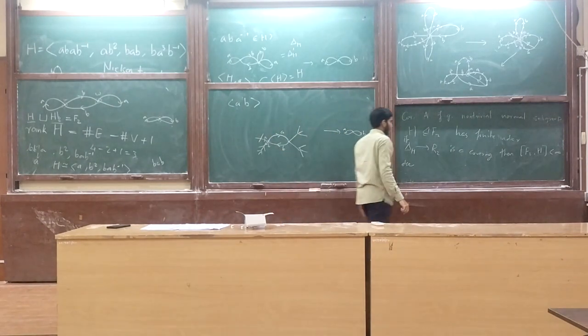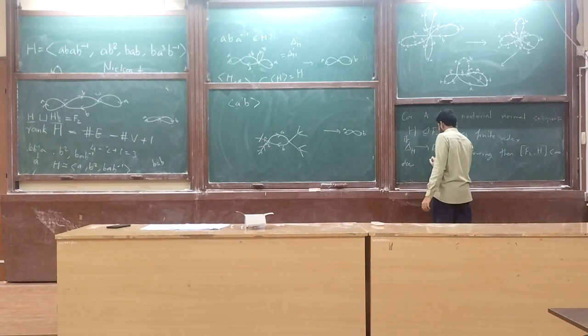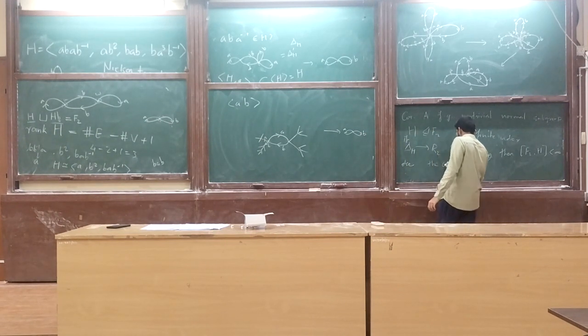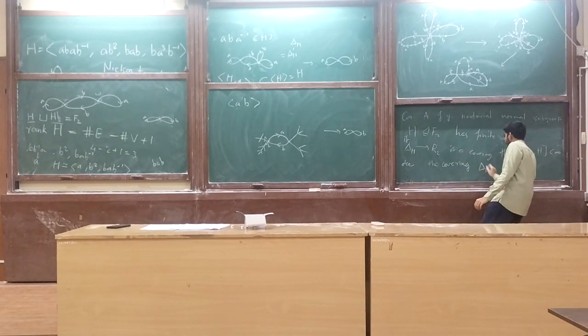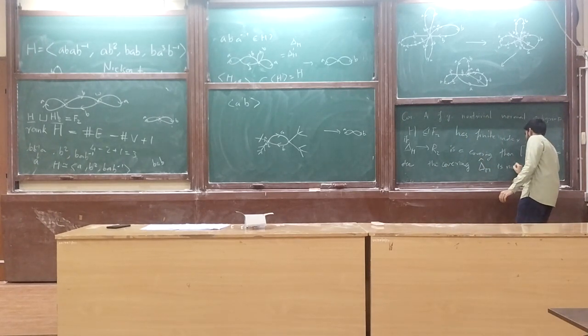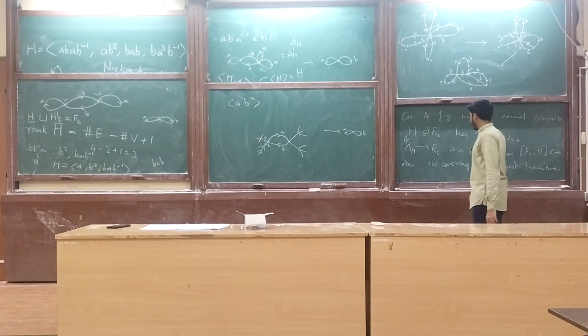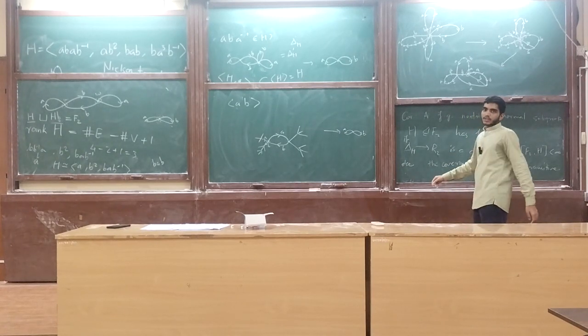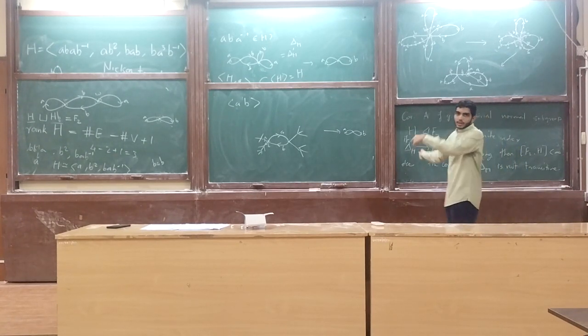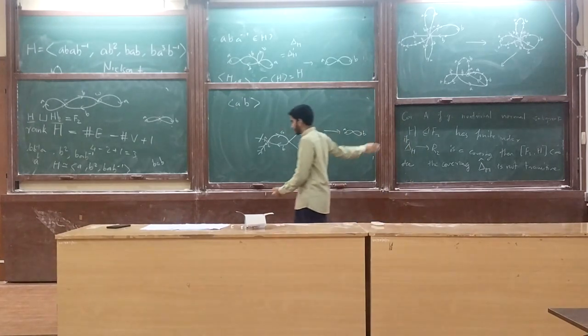So the covering delta H tilde is not transitive, right? And then that's a contradiction. So that means it had to have been a covering to begin with, and if it was a covering, then it was finite index.